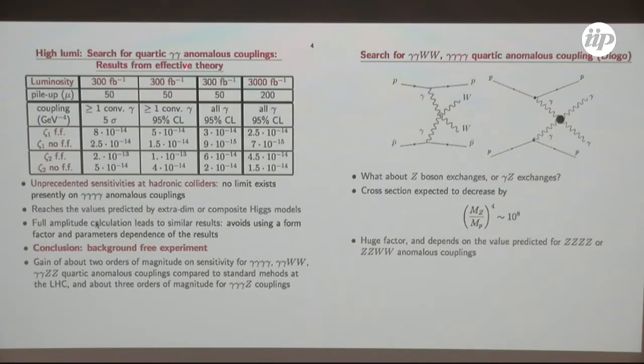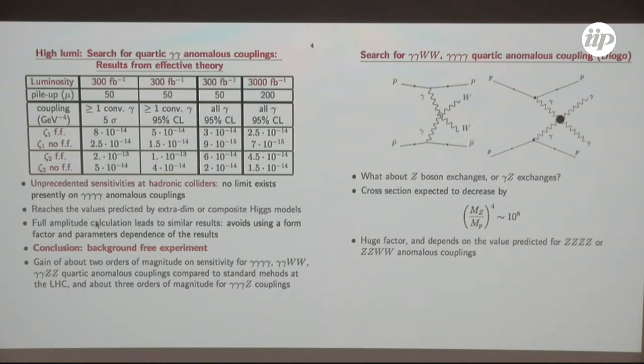So I just wanted to show you again briefly the reach. The reach that we have concerning the 4-photon anomalous coupling at the LHC is of the order of a few 10 to minus 14, or even if you go to 95% confidence level limits, a few 10 to minus 15. So typically, the order of magnitude you reach is about 10 to minus 14 on the 4-photon anomalous coupling.